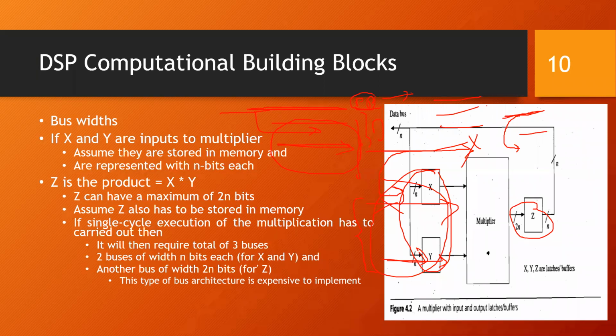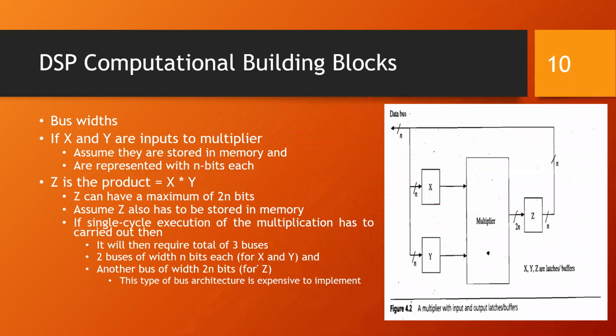Now another thing to note is, what about these 2n bits? How do I deal with them? Whenever we start multiplying, immediately I will not be getting the results. I'll be getting the results, say, first the LS bits and then the MS bits, or MS bits then LS bits. Generally it is the LS bits and then the MS bits. If that is the case, how do I go ahead with storing those bits into the memory?